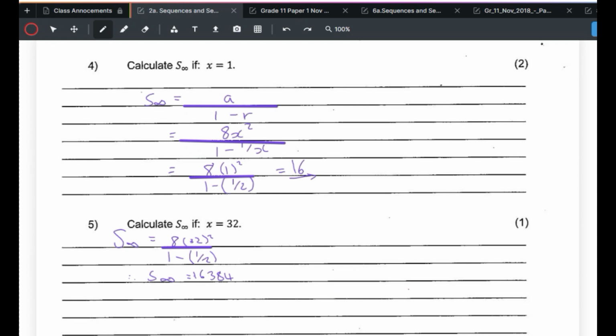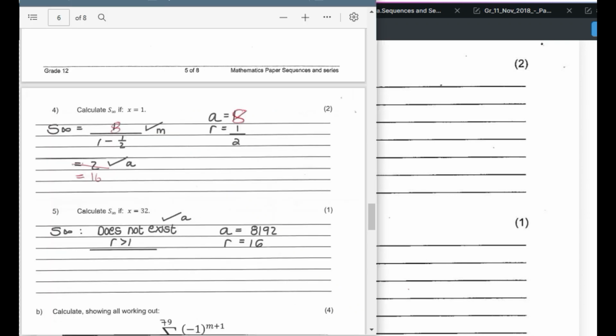But why say calculate? Yeah, they're crazy that way. So the answer there was it doesn't exist. The reason I think they're saying it doesn't exist is because r would have been equal to 16.